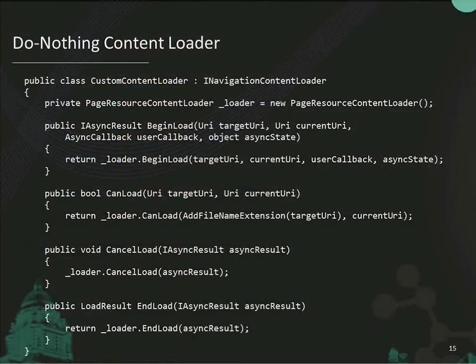When you don't provide your own INavigationContentLoader, it's the runtime's own PageResourceContentLoader that is doing the loading of the pages. And all PageResourceContentLoader really knows how to do is load pages from your application's main Zap file. What I'm doing in this example is just wrapping my own custom content loader around a PageResourceContentLoader and delegating to it when my methods are called. So other than inserting a shim, I don't really gain anything by doing this, but it does give us a look at what this interface looks like.